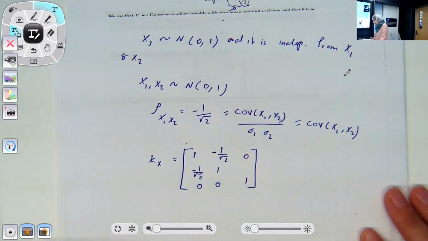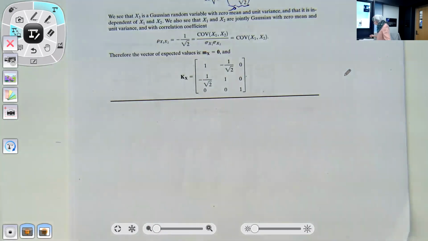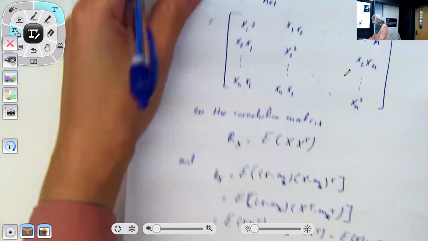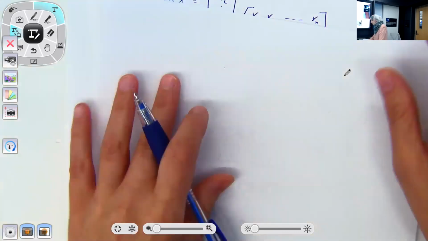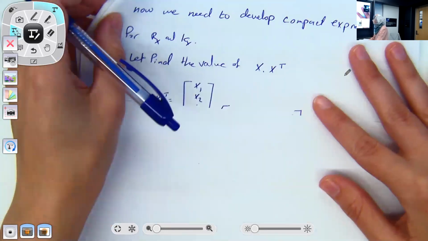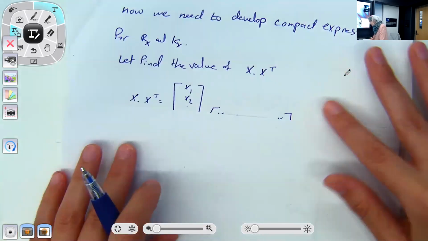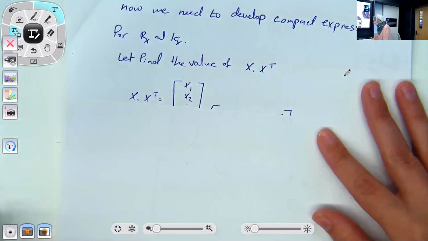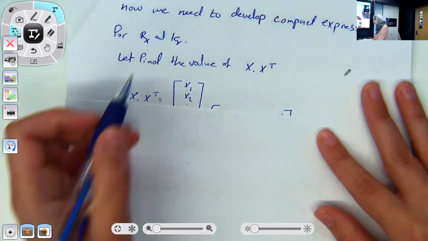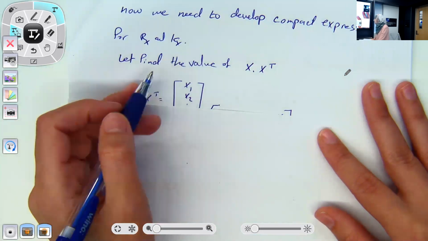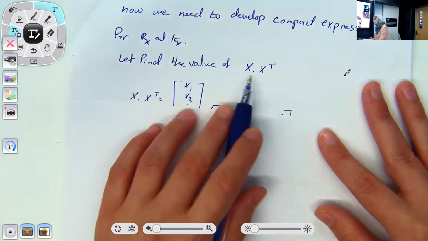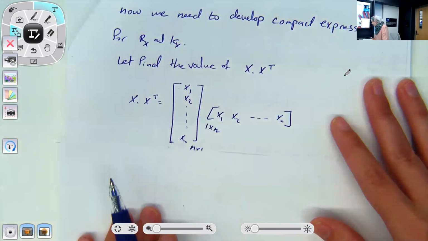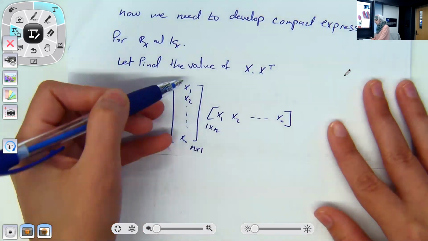The last thing, now we need to develop a compact expression for R and K. Let's find the value of X times X transpose. Here we have X, which is a vector.